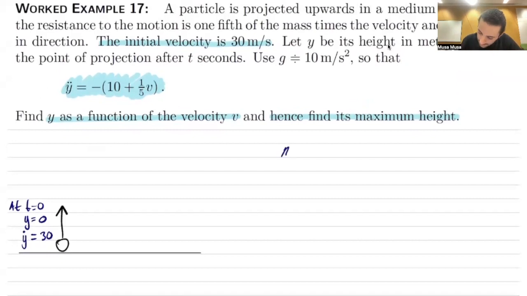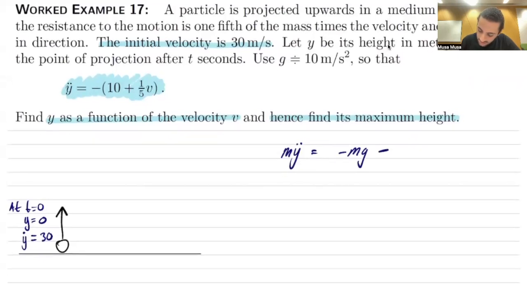Nice. So they gave us that y double dot equation, but I think we could have figured that out ourselves. Remember, this is mass times y double dot, that's F net, equal to minus mg, and then minus, and look at how they describe the resistance. The resistance to the motion is 1/5 of the mass times the velocity, and it's in the opposite direction. So 1/5 of mass times the velocity, v.